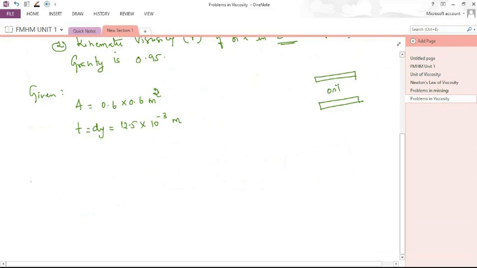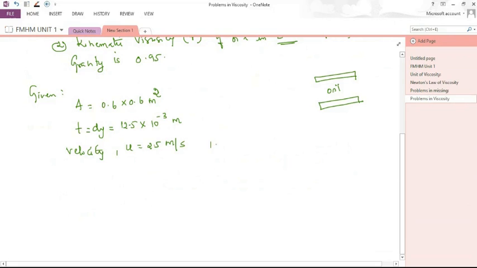And the velocity is given: the upper plate moves at a velocity denoted by the symbol u, which is 2.5 meter per second.